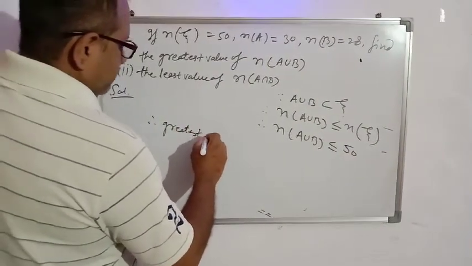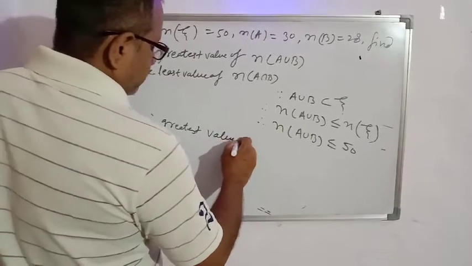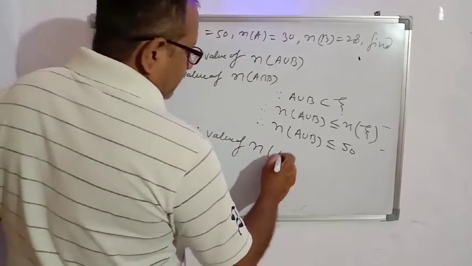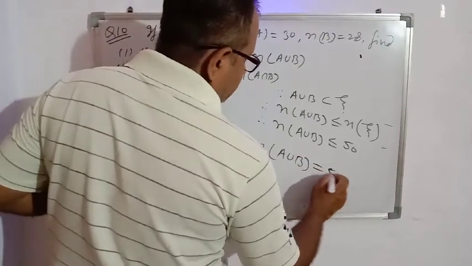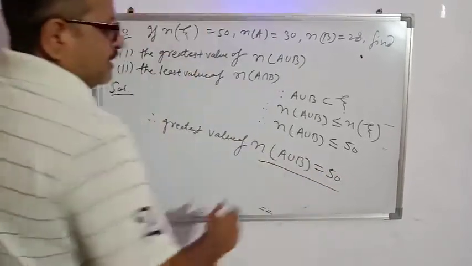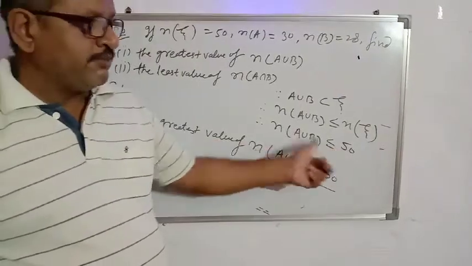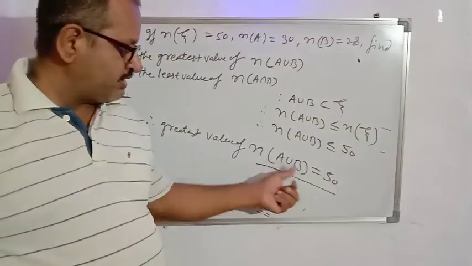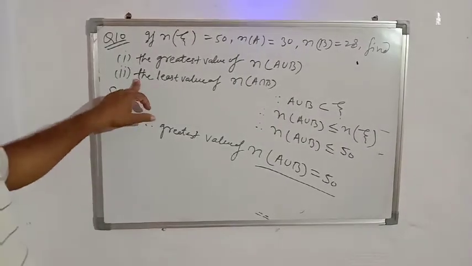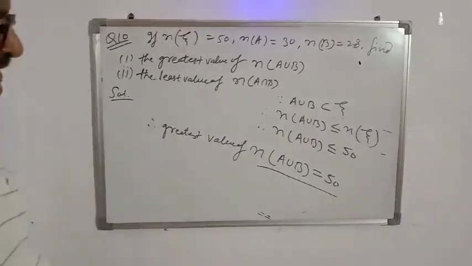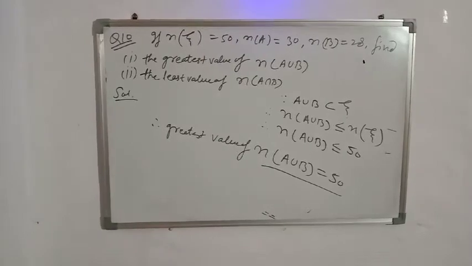So therefore the greatest value of n(A union B) is equal to 50. The greatest value will be 50, it may be less than 50, so the greatest value is 50 only. Now we have to do the second part, the least value of n(A intersection B).